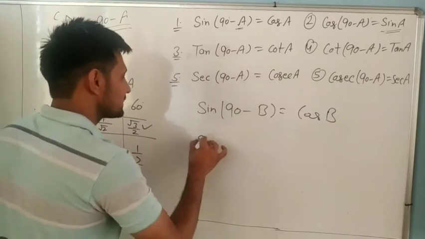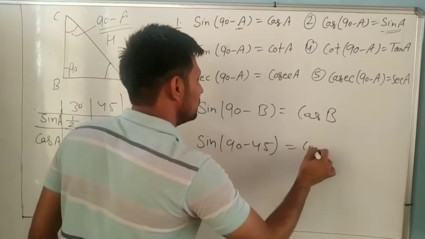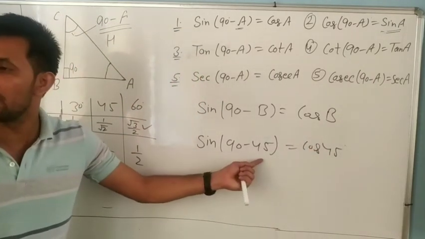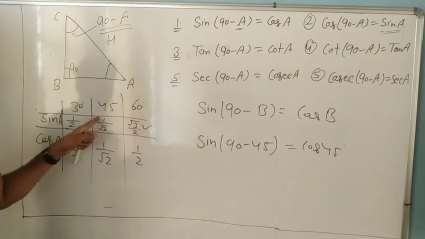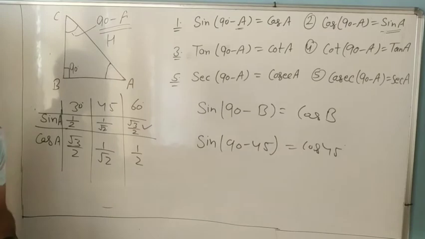Same as it is, sine 90 minus 45 is equal to cos 45, or not? Look at it, 90 minus 45 is 45. Sine 45 is 1 upon root 2, which is equal to cos 45. Yes, both are equal.